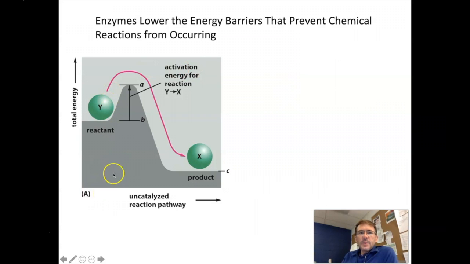So the representation most books will use is to look at some particular reactant Y, right? The cell requires X. This is even a favorable reaction, so that's shown by having less total energy. So this is a favorable reaction, but there's a barrier to it occurring. So this is the activation energy.